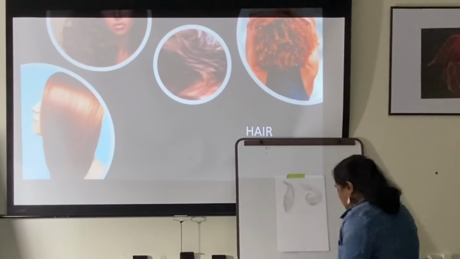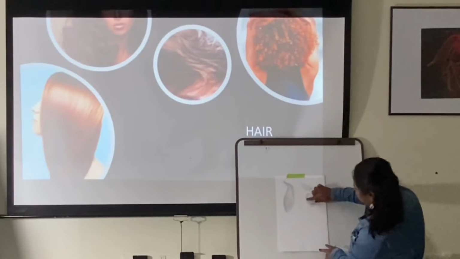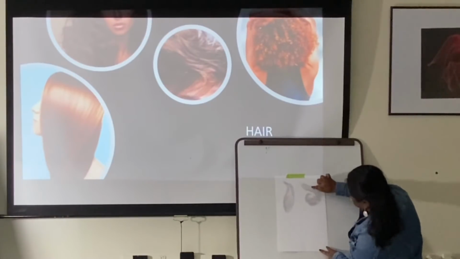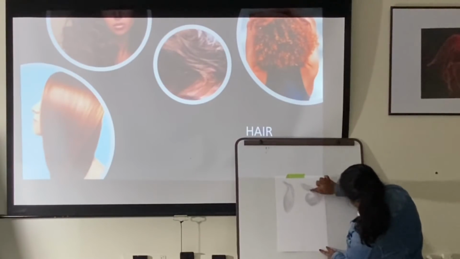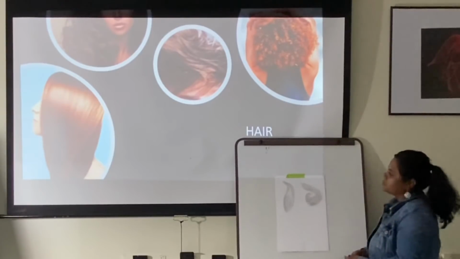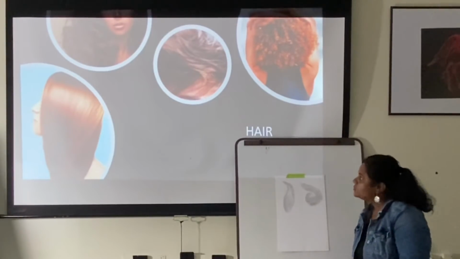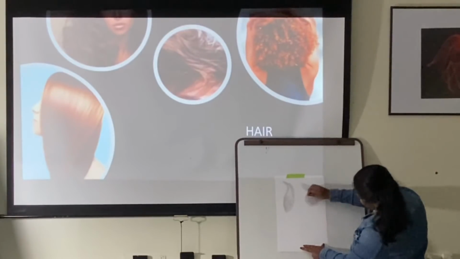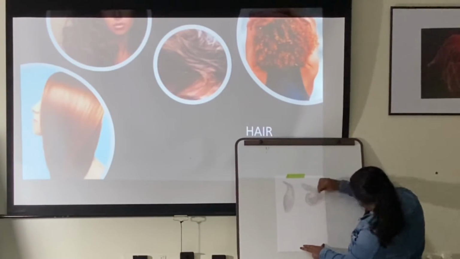So as you see, once you have it filled in, fill in the values with your finger and just kind of smooth it out. And then smooth it out some more.